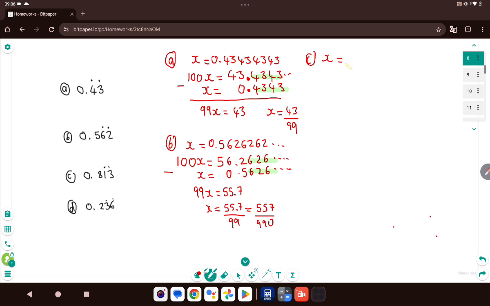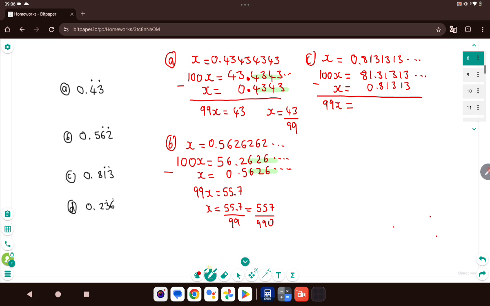So for C, we're going to let x equal 0.8131313. 100x is equal to 81.31313. x, again, let's line everything up nicely. 100x take away 1x is 99x. 81.3.